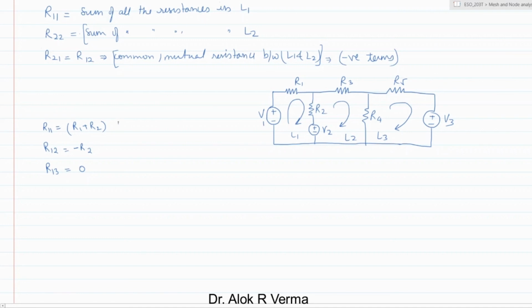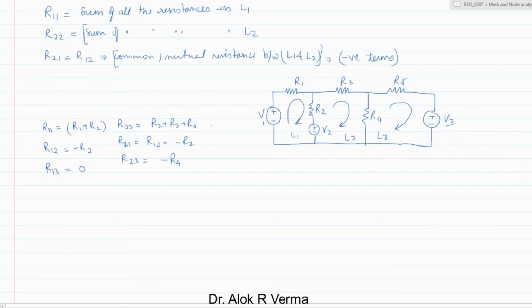Similarly, R22, what is that? R2 plus R3 plus R4. R21 is nothing but R12, which is minus R2. What is R23? The mutual term between 2 and 3 is R4, which is negative R4.